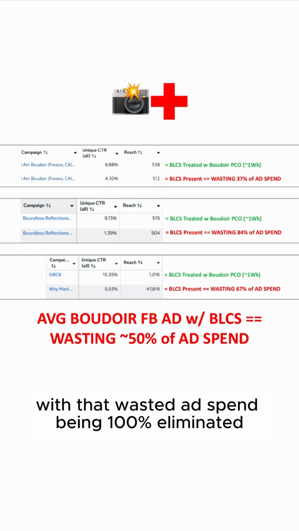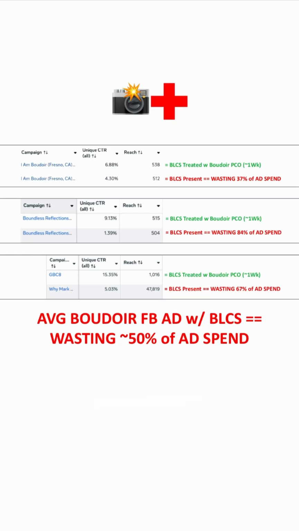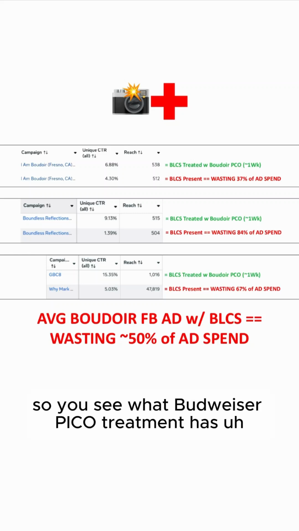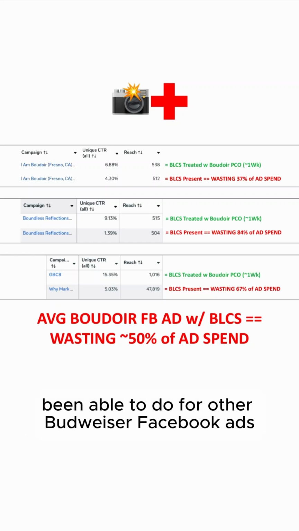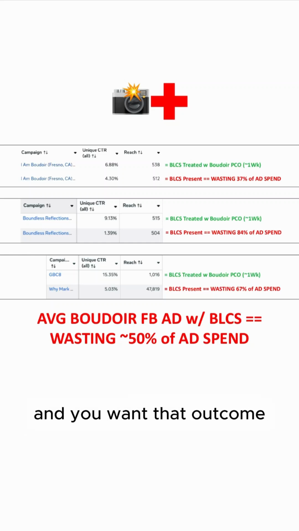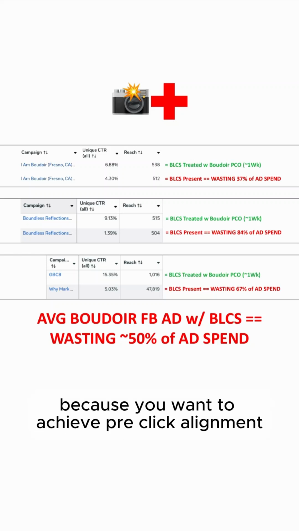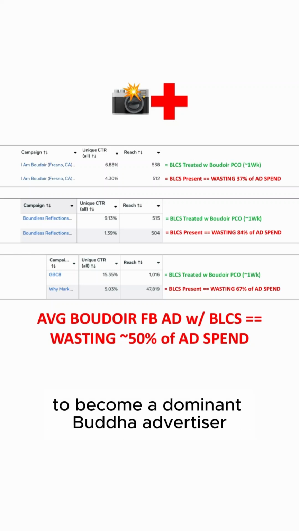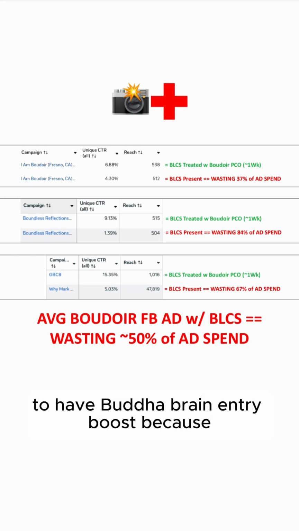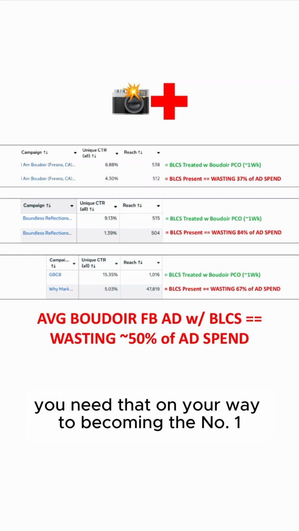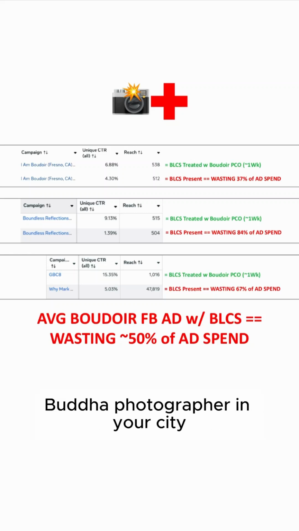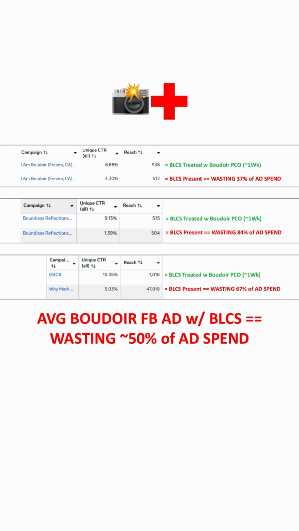With that wasted ad spend being 100% eliminated, you don't have to spend it, you keep it. So you're seeing what Boudoir Pico treatment has been able to do for other Boudoir Facebook ads, and you want that outcome because you want to achieve pre-click alignment to become a dominant Boudoir advertiser, to have Boudoir brain entry boost, because you know you need that on your way to becoming the #1 boudoir photographer in your city.